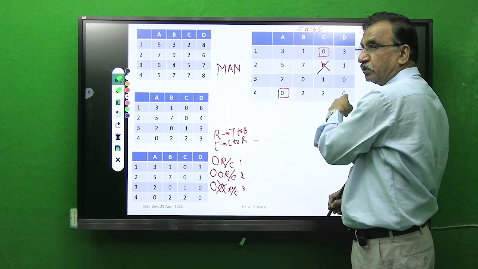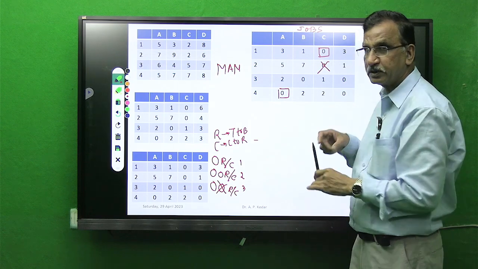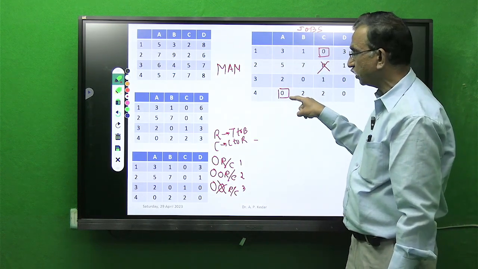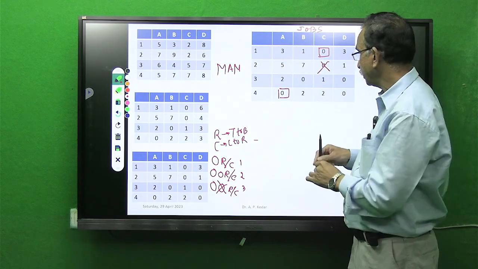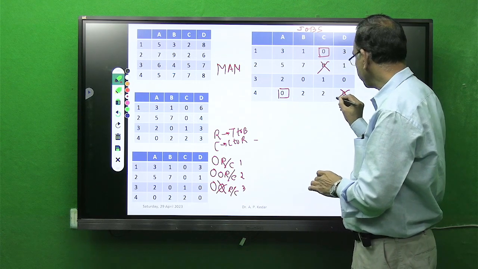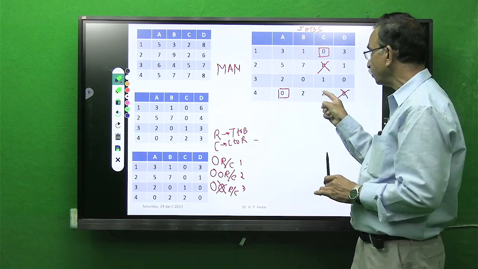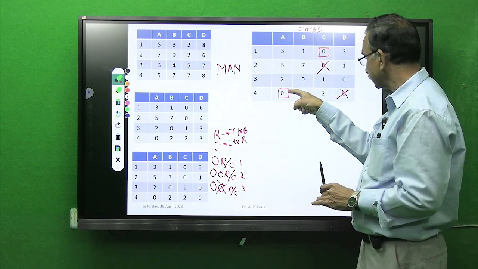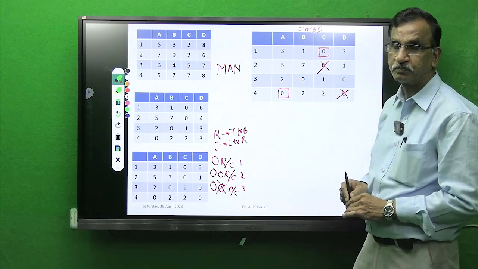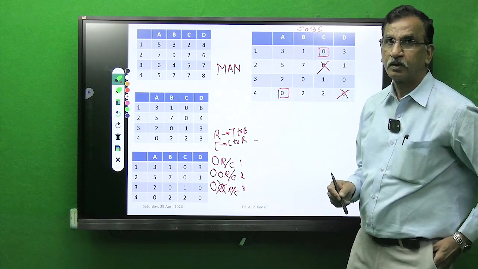There is a 0. So therefore, as said, when you assign a 0 of any column, cross off 0 of the related row. For this assigned column, this is the related row.